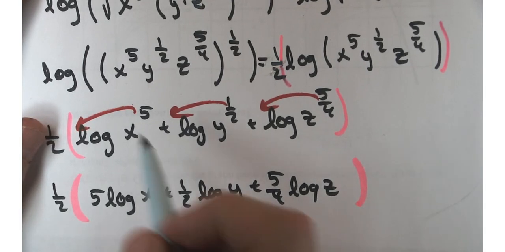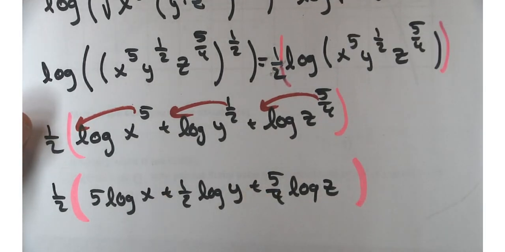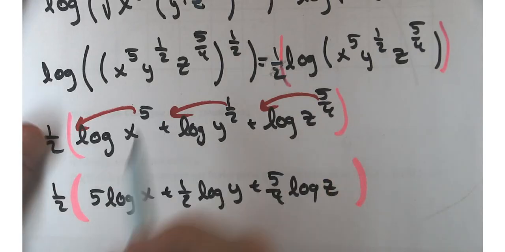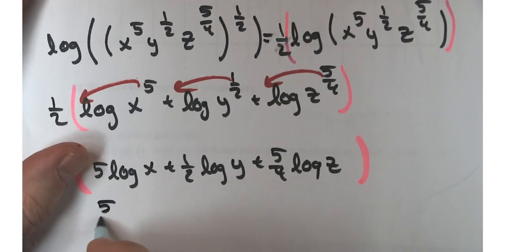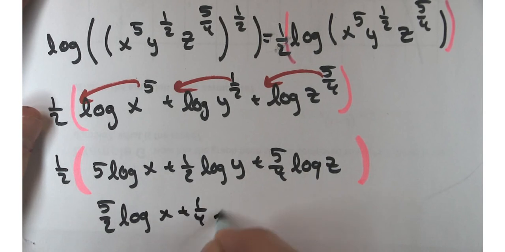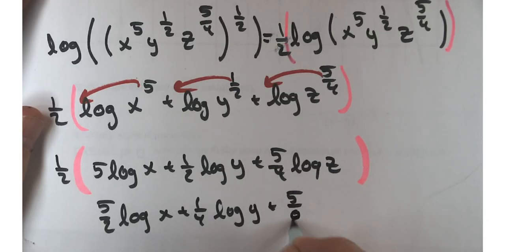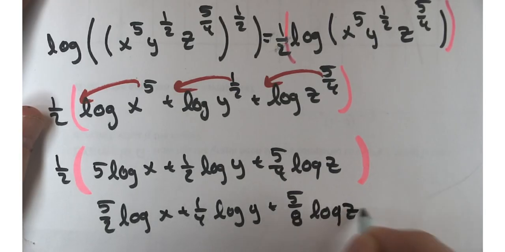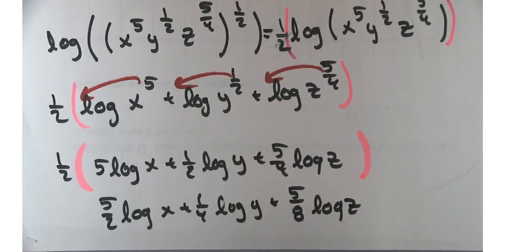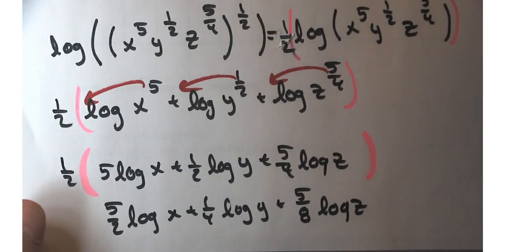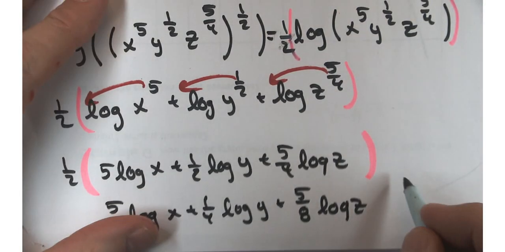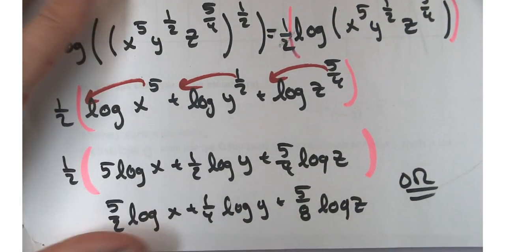So if we didn't do it the way Annalise suggested, then you would have ended up with 5/2 log of x plus 1/4 log of y plus 5/8 log of z. Okay, all right, looking good there. Either of these is acceptable. You have the 1/2 factored out or not, doesn't matter to me.